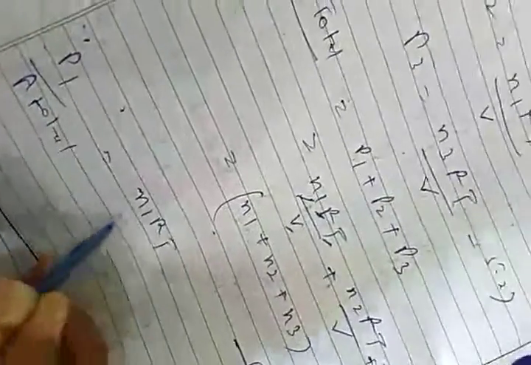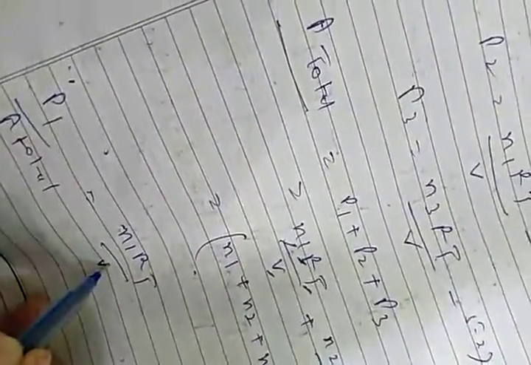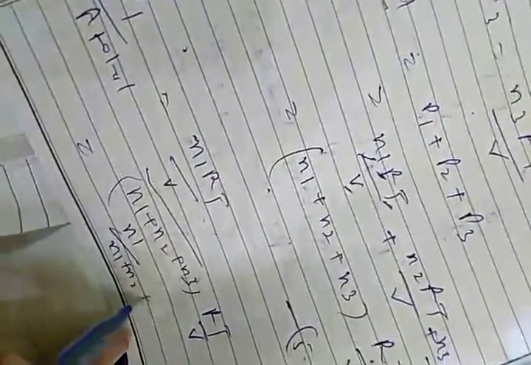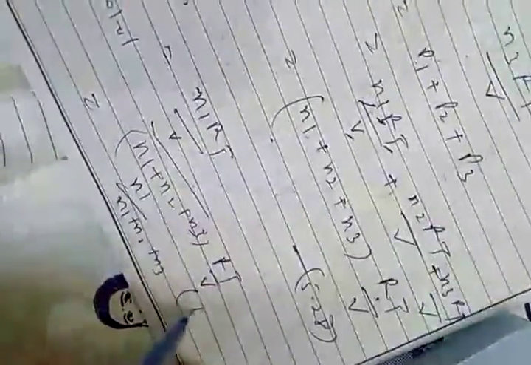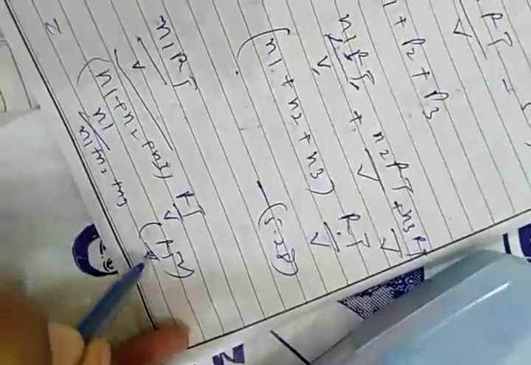Putting the value of P1, N1RT upon V, divided by P total, (N1 plus N2 plus N3)RT upon V, gives N1 upon N1 plus N2 plus N3, since RT upon V is common.